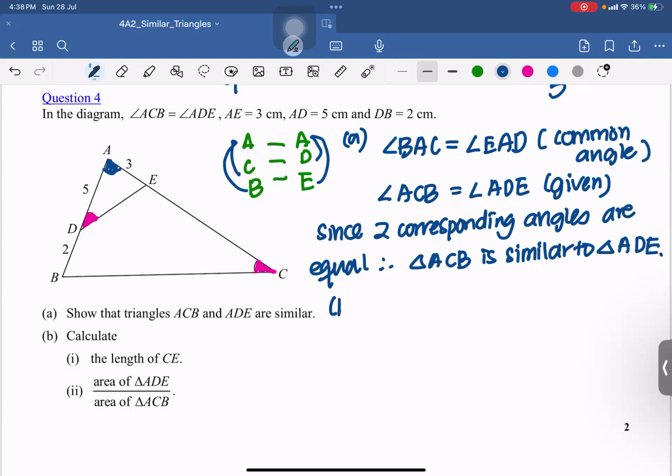Part B, let us find the length of CE. Now we're going to involve something to find length. So I show you to do my usual. Let me write down the ratio. AC over AD equals BC over ED.